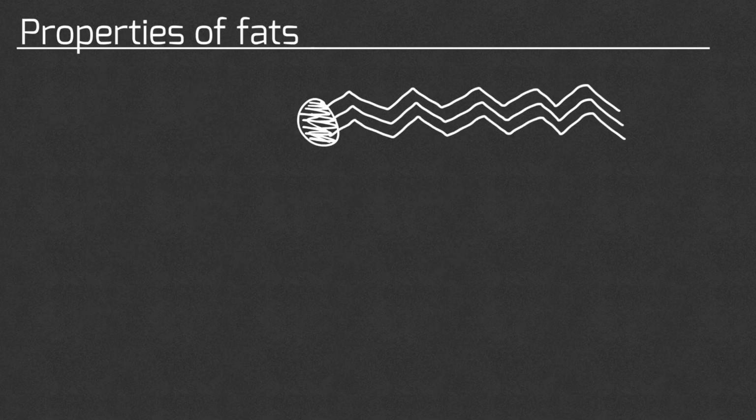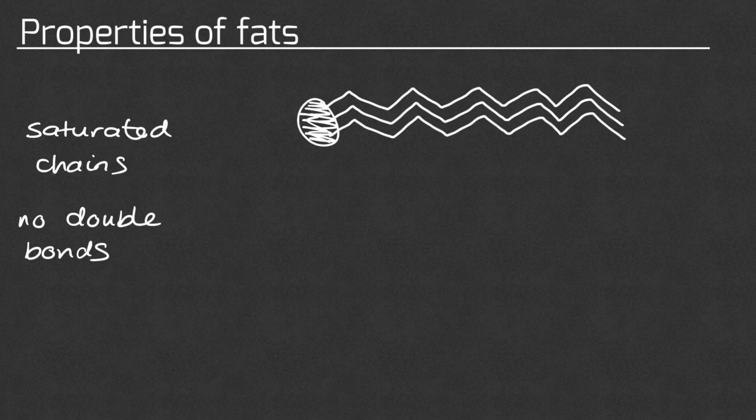We're now going to look at the properties of fats. Fats mainly have saturated hydrocarbon chains, so we can see there are no double bonds in this fat molecule. This area here represents the glycerol part, and these are the fatty acid chains. We say the chains are saturated because they have no double bonds in them.